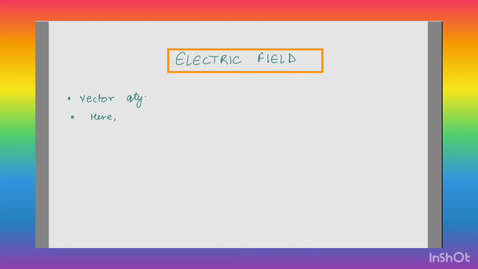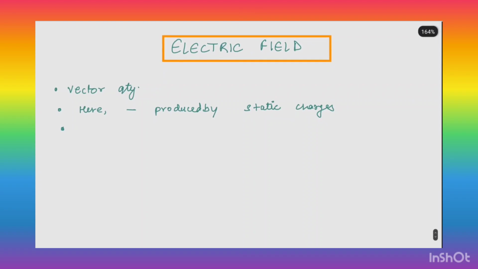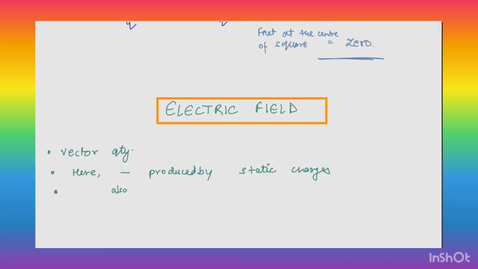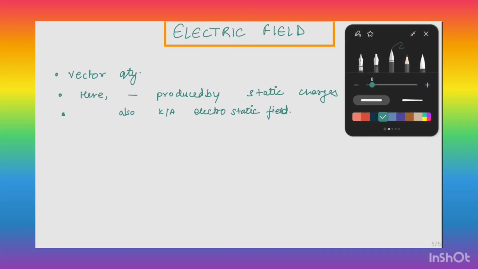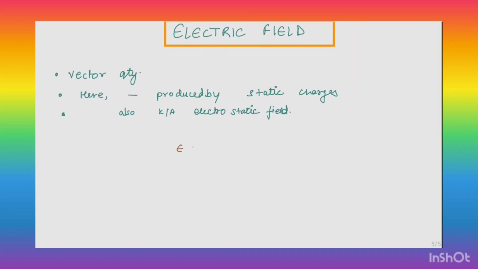Here we study about the electric field produced only by the static charges. Means when the charge is not in motion, it is at rest. Next, electric field also known as electrostatic field. Electric field equal to force upon Q naught. Q naught is test charge particle.